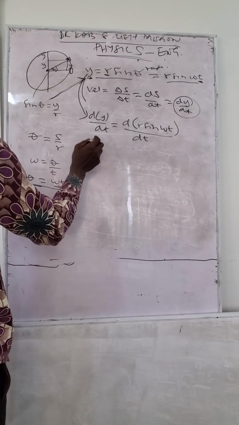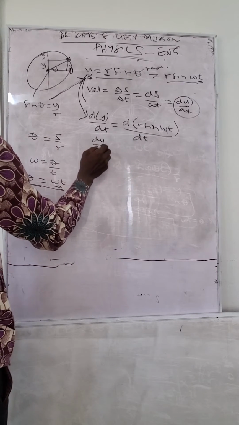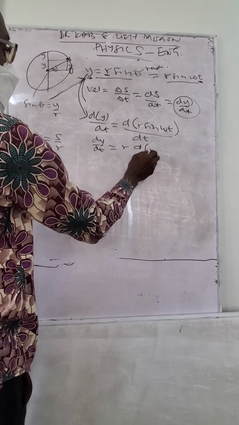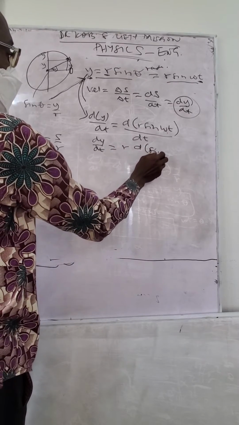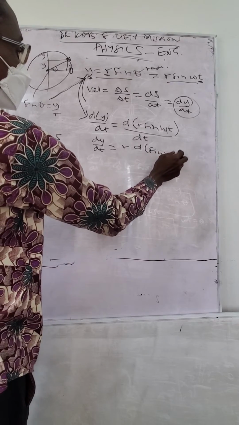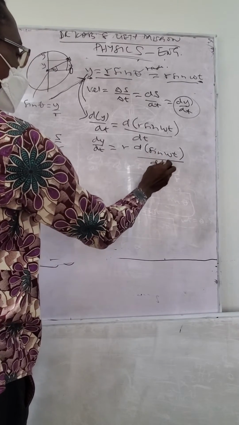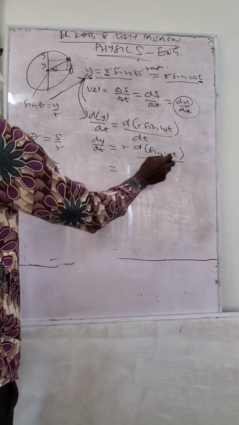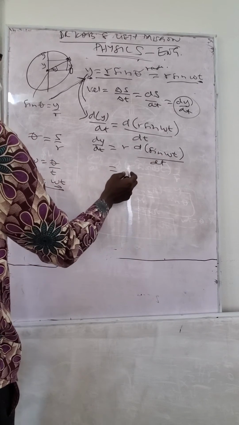Okay, and this is going to be dy dt is equal to r, r is constant so it comes out, d sine omega t over dt. Now, if we differentiate sine, it becomes what? Cos, positive cos.